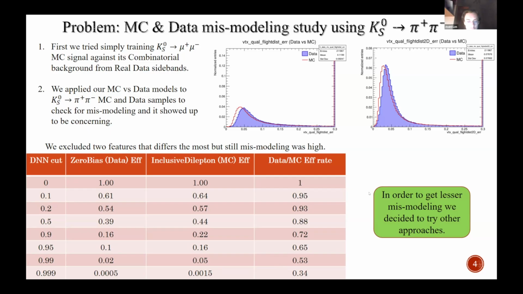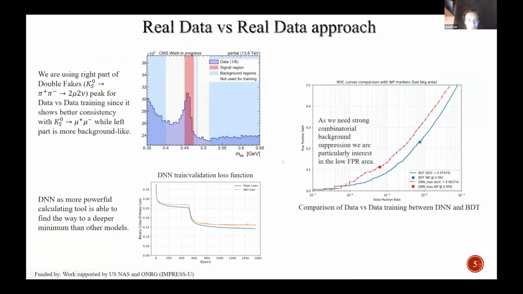So in order to get less mismodeling, we decided to try other approaches. The first one we tried, we called the real data versus real data approach. As you can see in this illustrative picture of our spectrum, we are lucky to have a huge signal-like background from K-short to pi mu neutrino, which we can use as a signal to train our models.